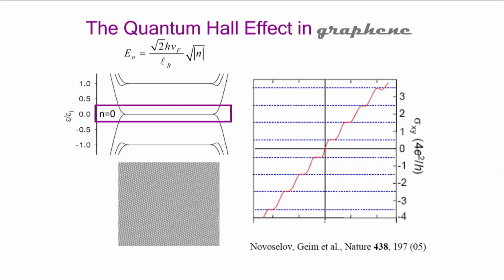If you look at the higher Landau levels, you see that there is some splitting of the valley on the edge, but the energies always curve up, okay?